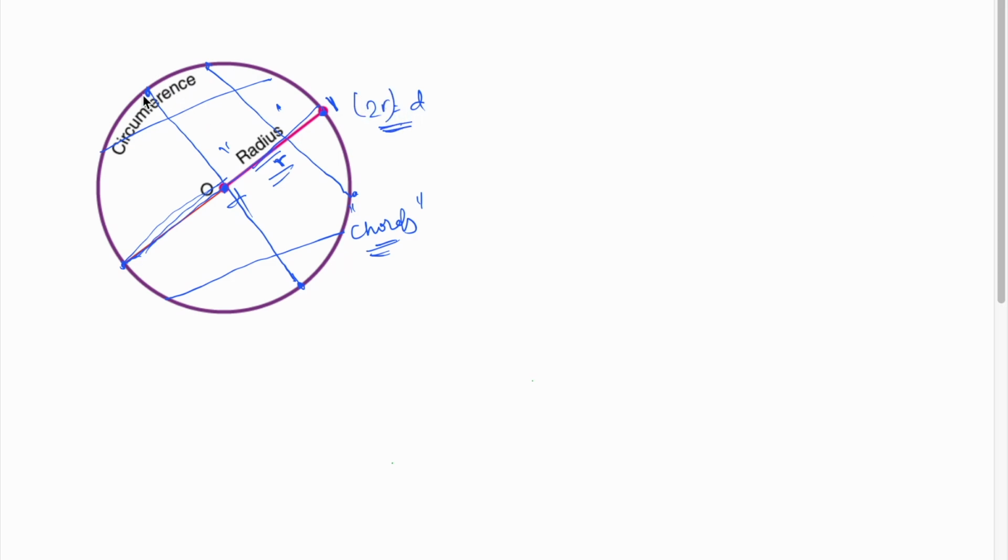Now let's learn about some important formulas that are often used. The area of the circle is pi r square, and the circumference is equal to 2 pi r.